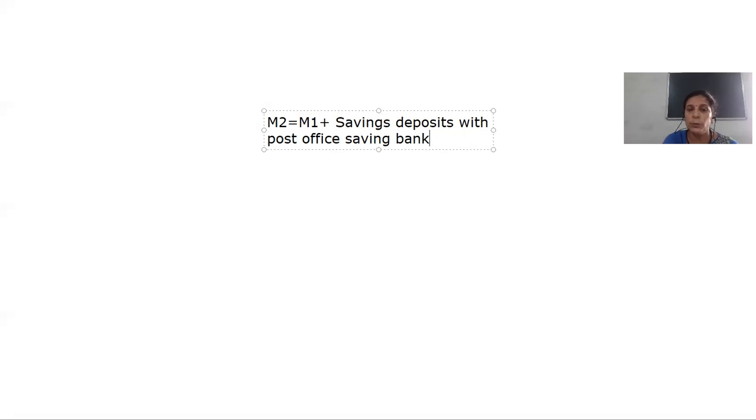So M2 includes M1, all of the M1 components, plus saving deposits with the post office saving bank. That is, the savings that are kept in our saving accounts with the post office are also included in the M2 component of the money supply. M1 plus saving deposits of the post office savings. These saving deposits with the post office saving banks are not demand deposits.